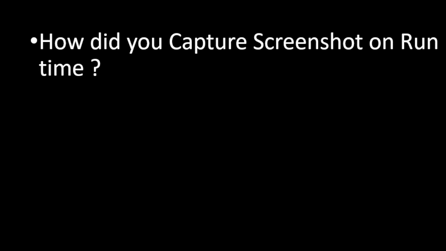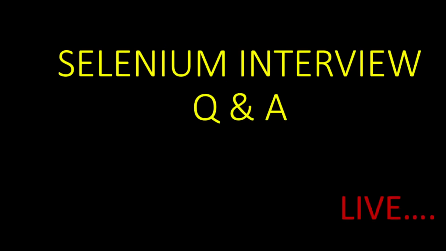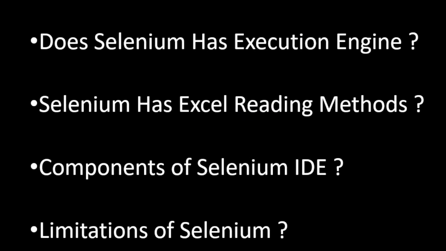I have discussed almost more than 15 slides from the beginning. So let me show you the different questions I have discussed so far. Does Selenium have an execution engine or not?